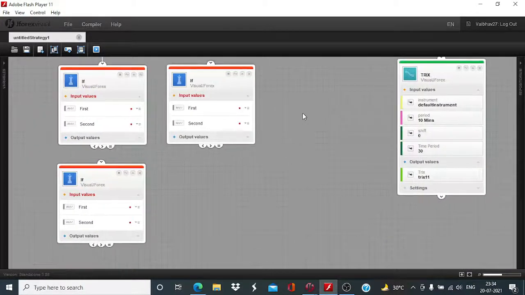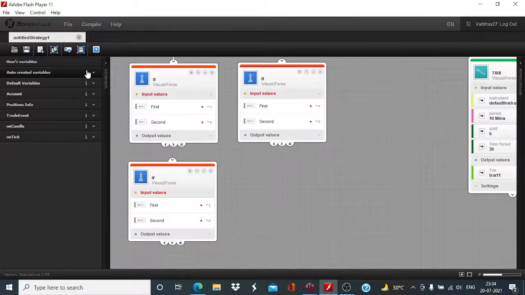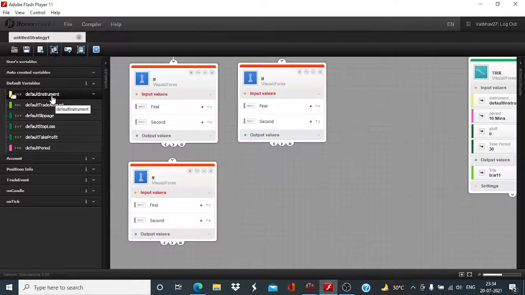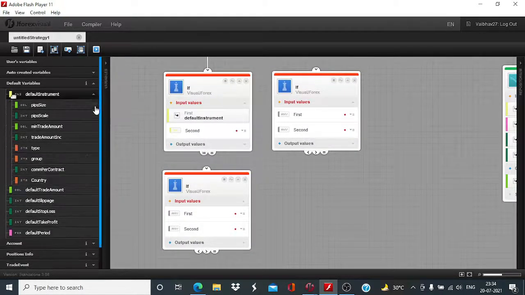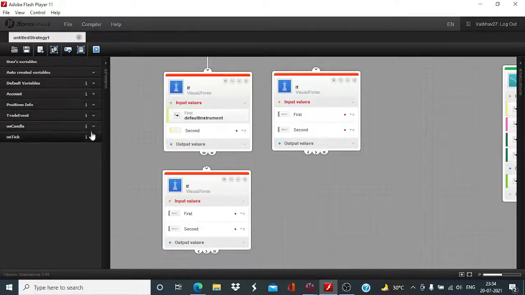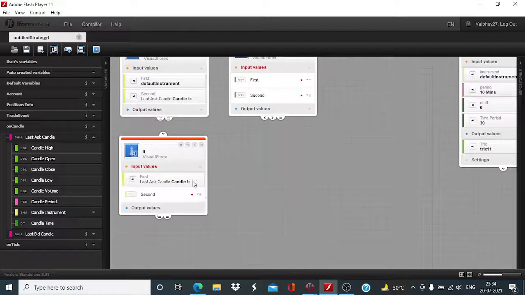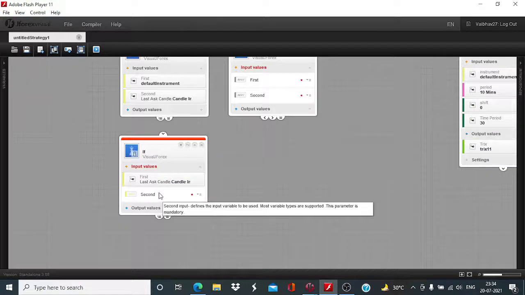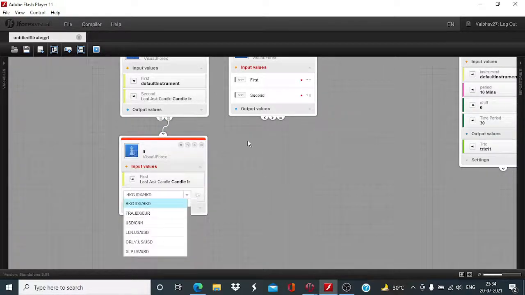We want default instrument to be matched with candle instrument, and candle instrument should match the instrument of choice, which is going to be Euro USD.